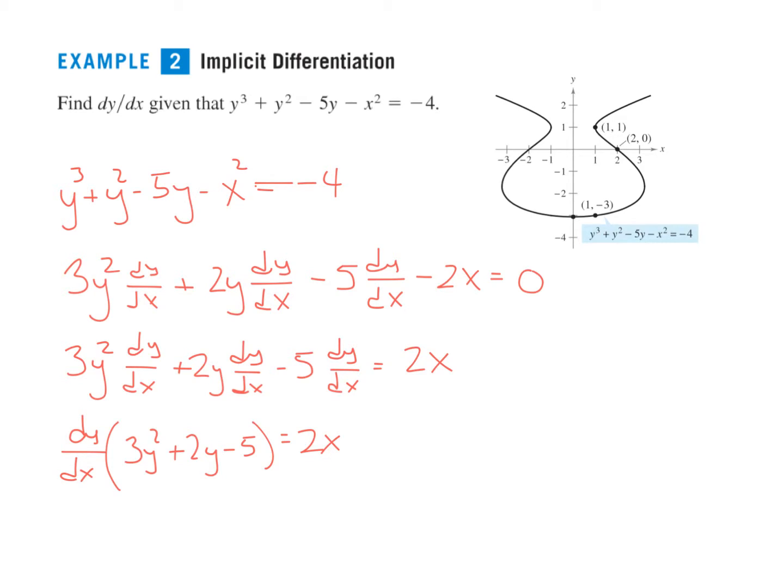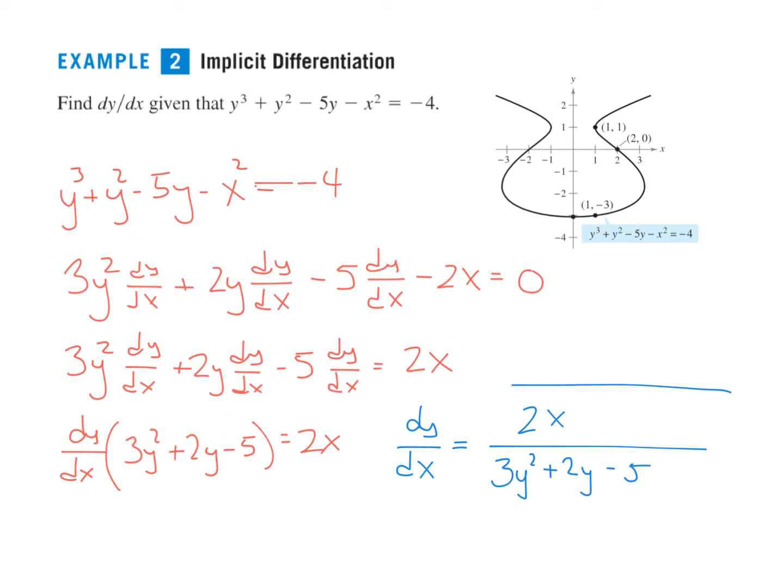So that gives me a final answer of dy/dx being equal to 2x divided by 3y squared plus 2y minus 5. Okay, so that is the derivative of our implicit function.